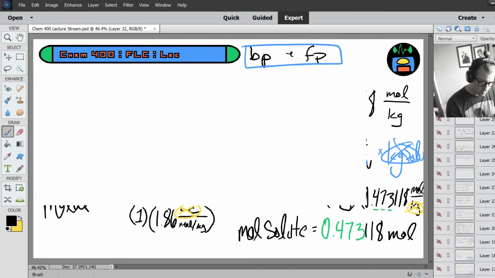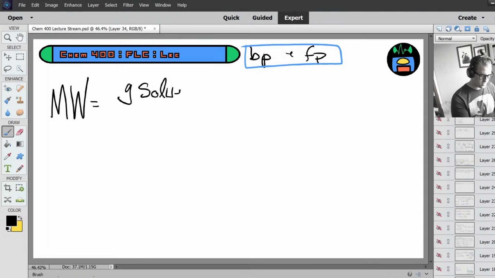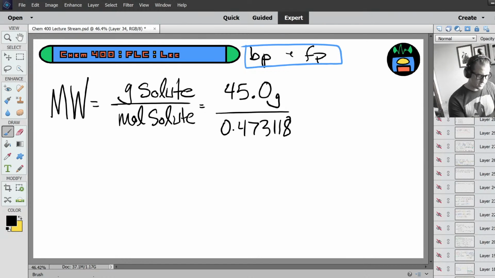Now we're ready to calculate our molecular weight, because molecular weight is equal to the grams of our solute divided by the moles of our solute. So our mass of solute was given, it was 45.0, and our moles we just found, 0.473118.